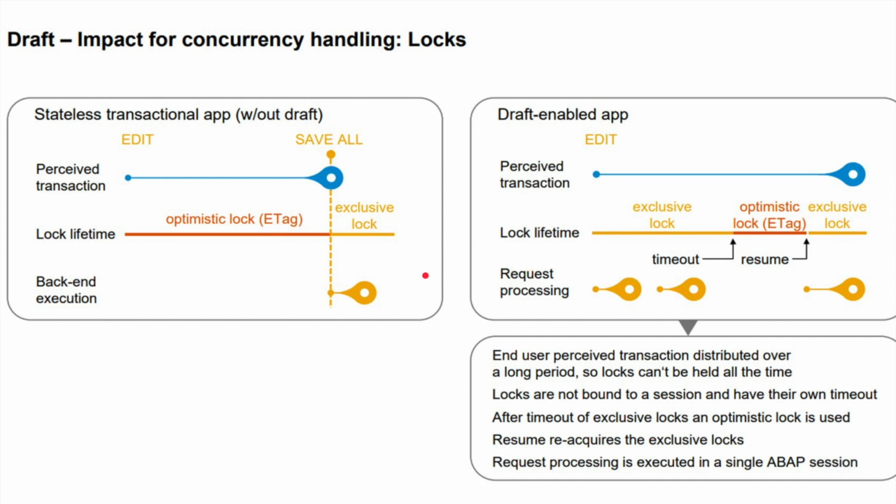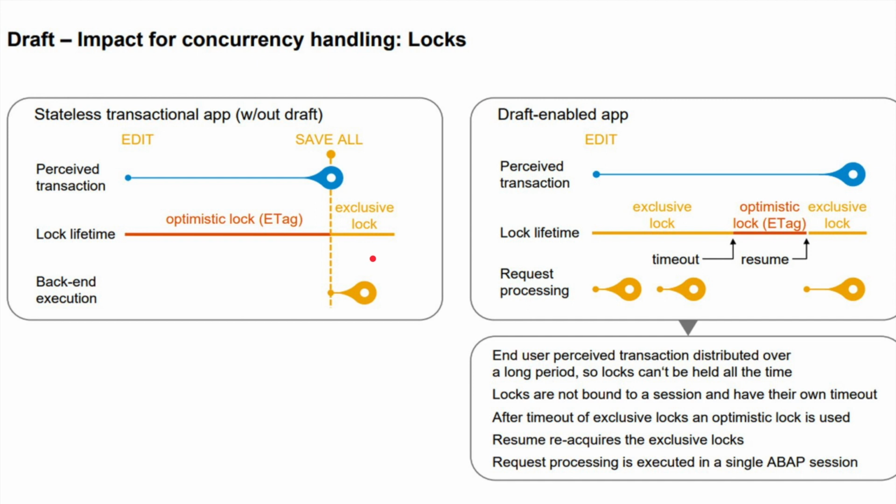Okay, so how do we handle the locking here? In our stateless transaction application, that is the without draft scenario, we use ETAG, optimistic lock. Optimistic lock is something which will ensure that the data we are editing has the latest version or not.